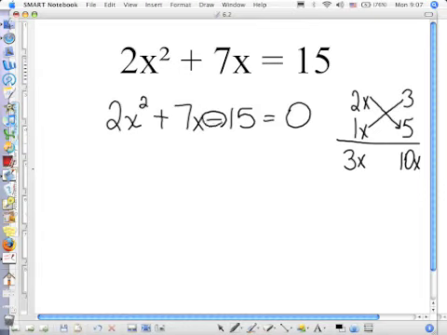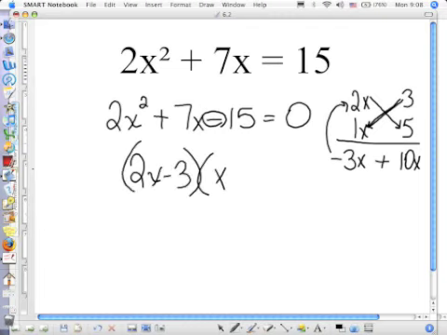If I want plus 7x, it's got to be plus 10 and minus 3. If you did this in the correct order and wrote your answer underneath, then your signs are where they belong. 2x minus 3 and 1x plus 5 equals 0. And 10 minus 3 is 7.